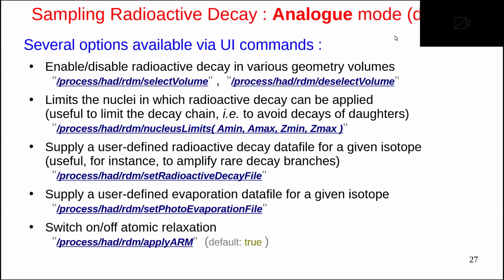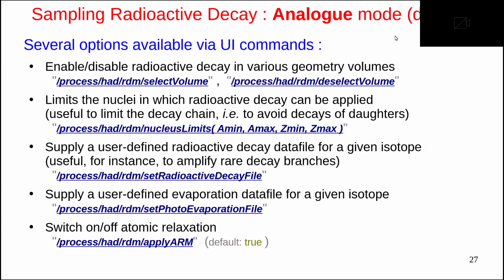You can supply a user-defined radioactive decay data file for a given isotope. For instance, you are interested in one particular decay channel because you want to do some studies, or it's very rare, but it's a background, and you want to study that one. You can provide your own file, or even the evaporation data file, which is used for the gamma emission.